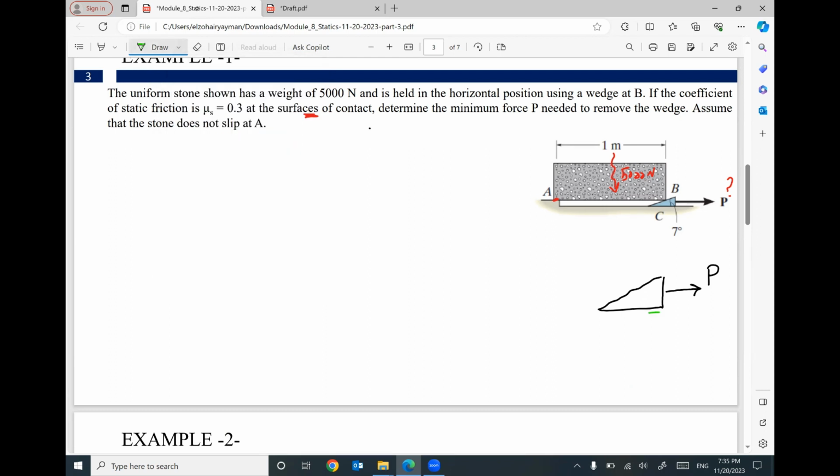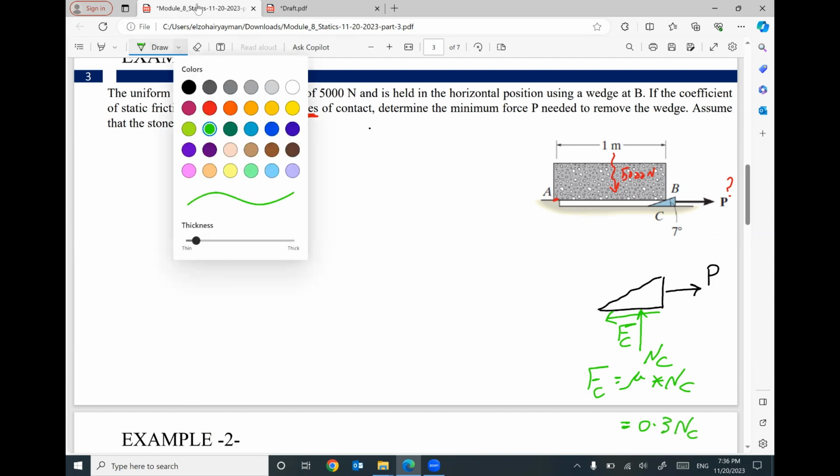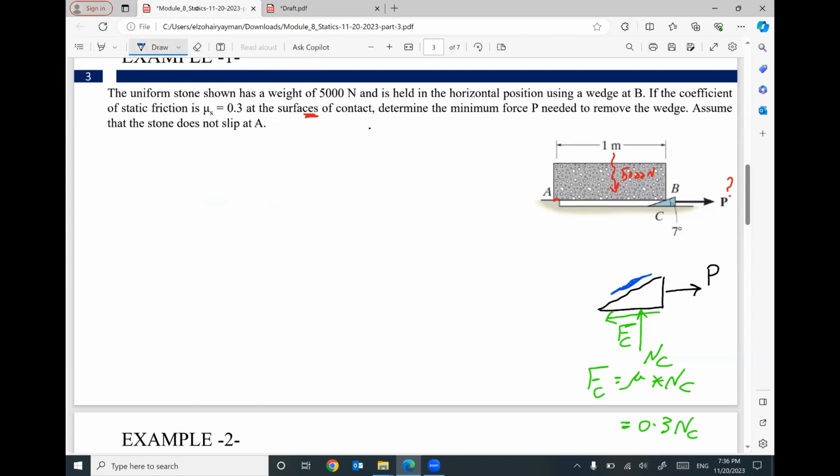So I expect a friction here, F at C. I have a normal here, capital N at C. Keep in your mind, this friction force at C, which is in the opposite direction of the movement, will equal mu times capital N at C. That means this force will equal 0.3 NC. Also, I expect a friction between the block and the wedge opposite to the direction of movement.